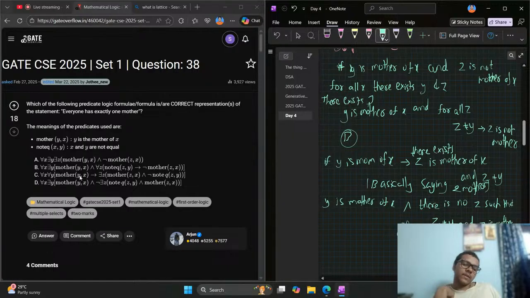Y is mother of x, and for all z, if z is not equal to y, that implies z is not mother of x.